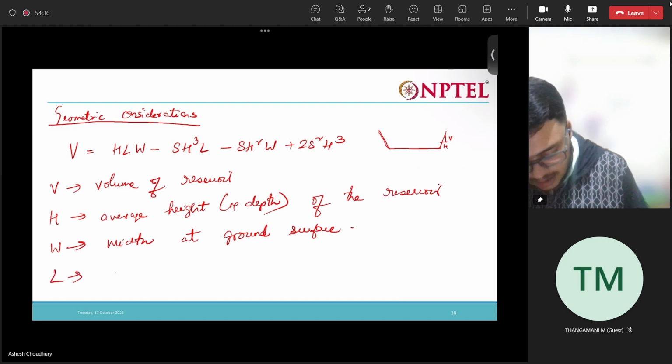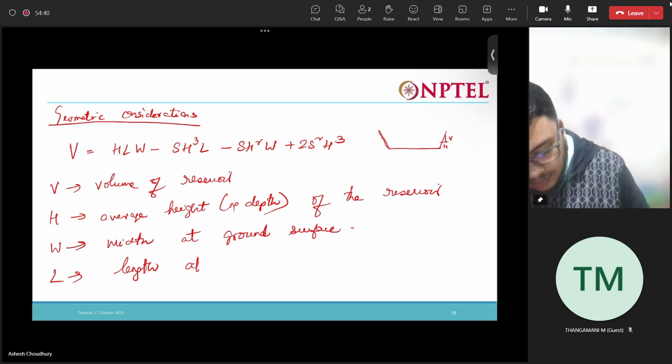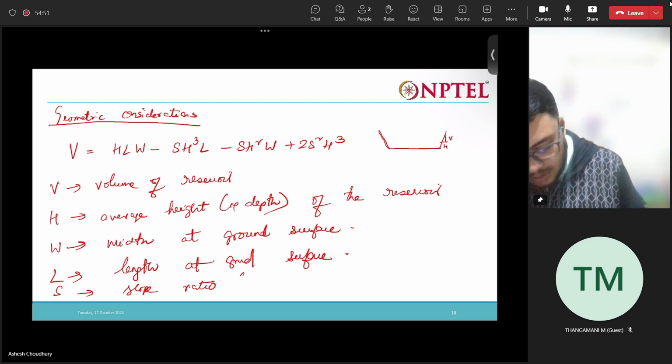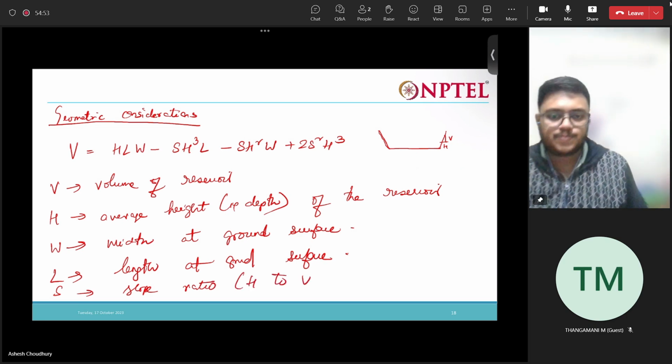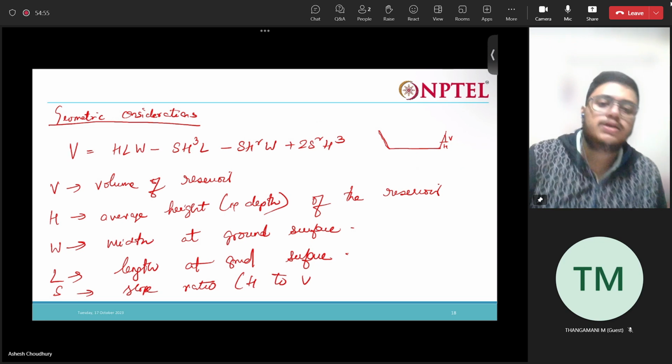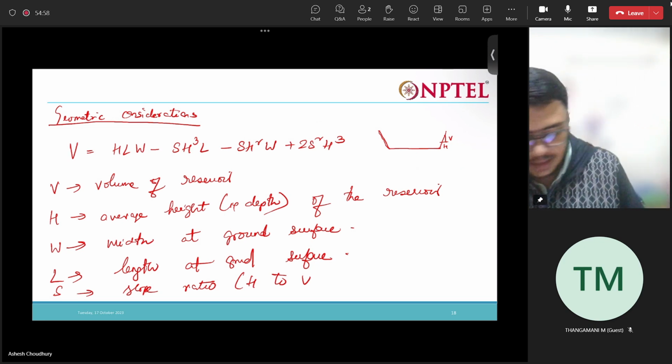L is the length at ground surface. S is the slope ratio, horizontal to vertical. Okay, this is how we define the volume of the reservoir.